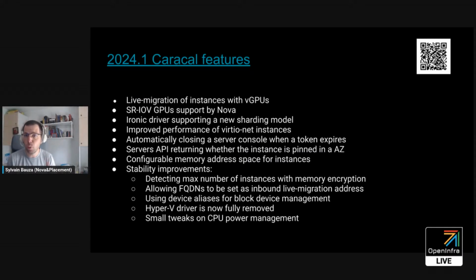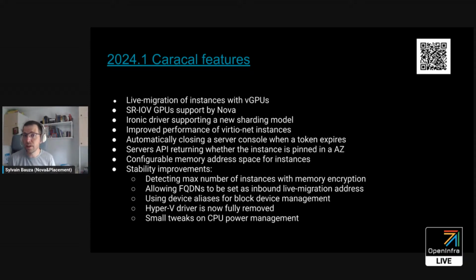So about what we merged for Caracal, we had, as I said, 10 features. The first one was to make sure that you were able to live migrate your instances with virtual GPUs.